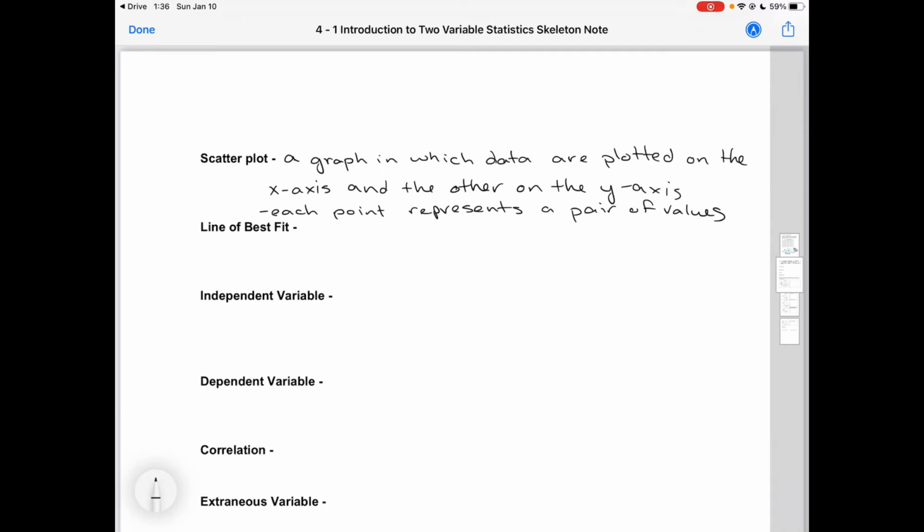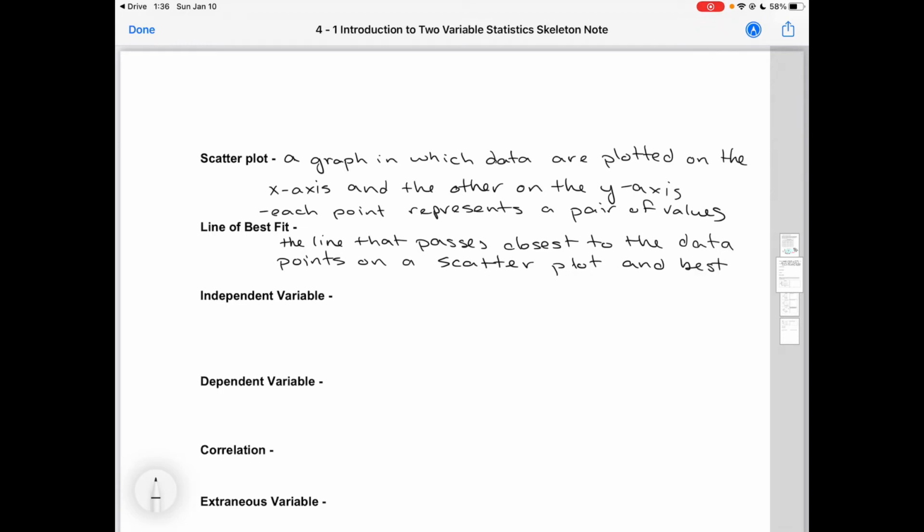What we are working towards drawing is a line of best fit, which is the line that passes closest to the data points on a scatter plot and best represents the relationship between two variables.